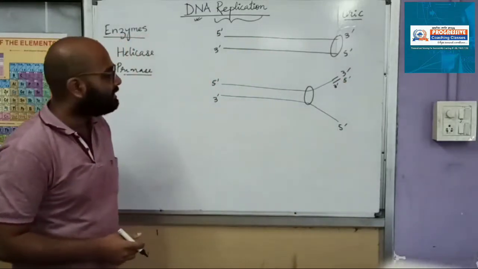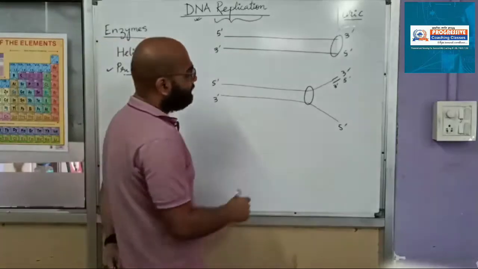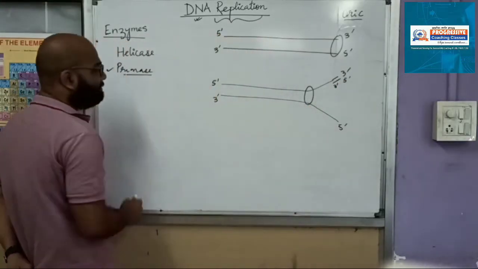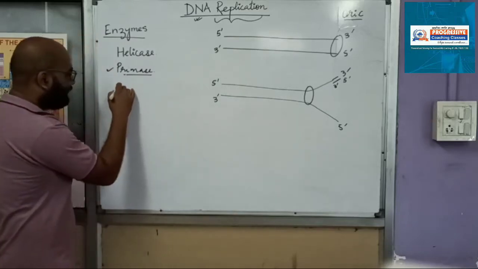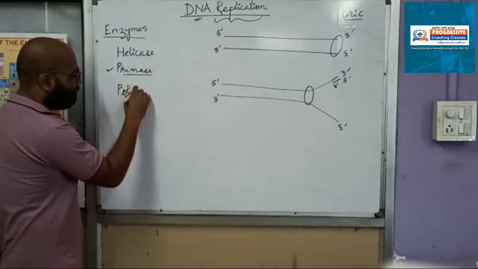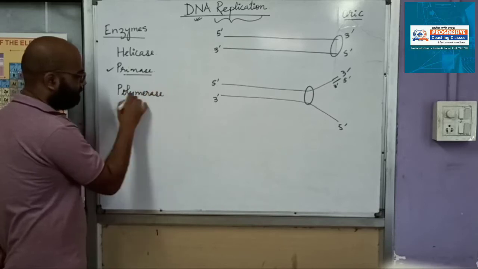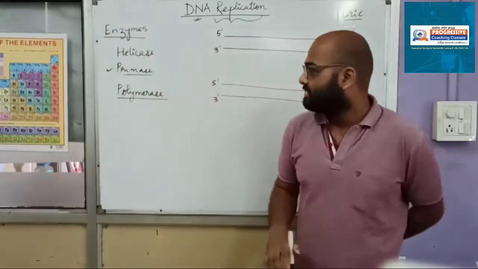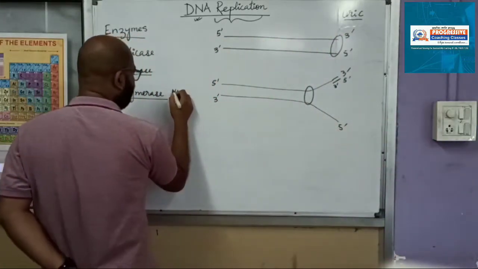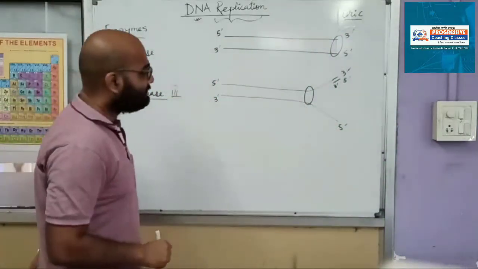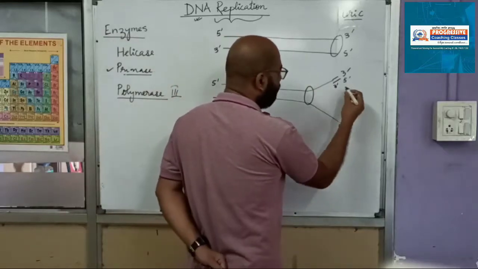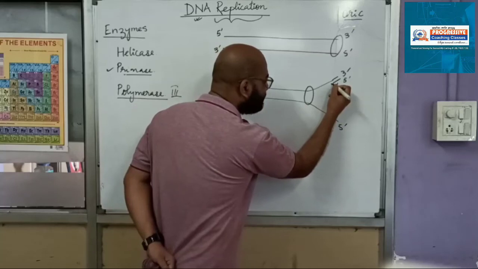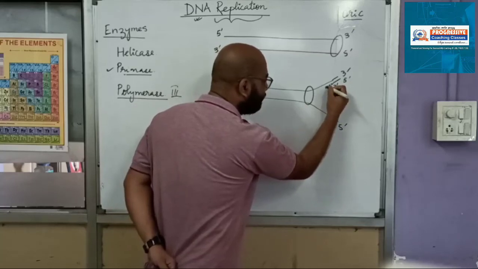So, when the primer is being set by the primase enzyme, the next enzyme coming into play is polymerase. The most predominant enzyme for our second year syllabus is DNA polymerase 3. What it does is bring one nucleotide at a time and make them sit one after another.